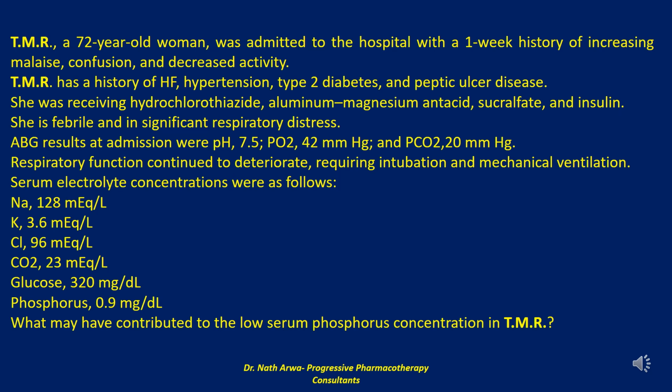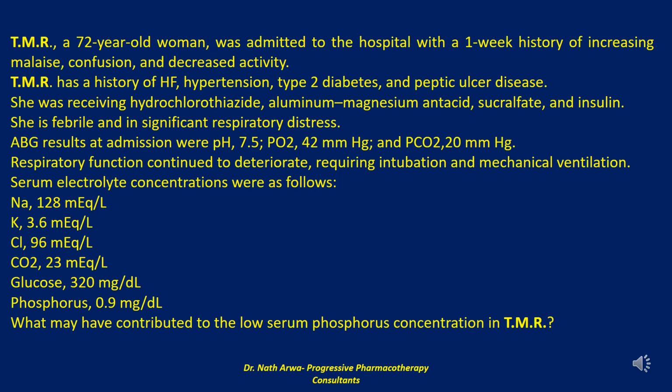The antacids bind with endogenous and exogenous phosphorus in the GI tract and cause severe hypophosphatemia in patients with or without renal failure. In addition, TMR was taking sucralfate, which contains aluminum and can bind phosphorus in the GI tract. Similarly, iron preparations can bind phosphorus.